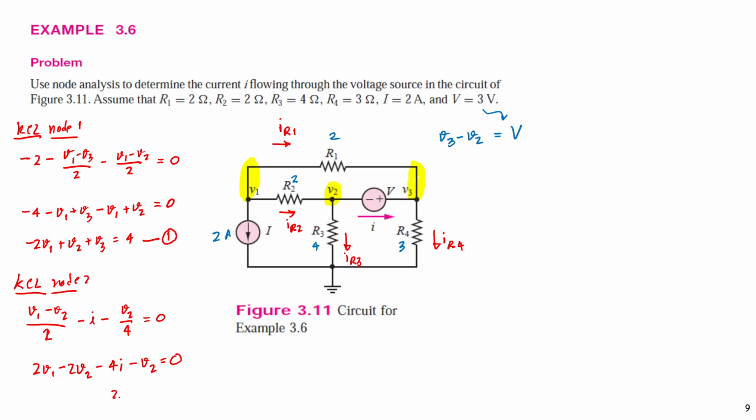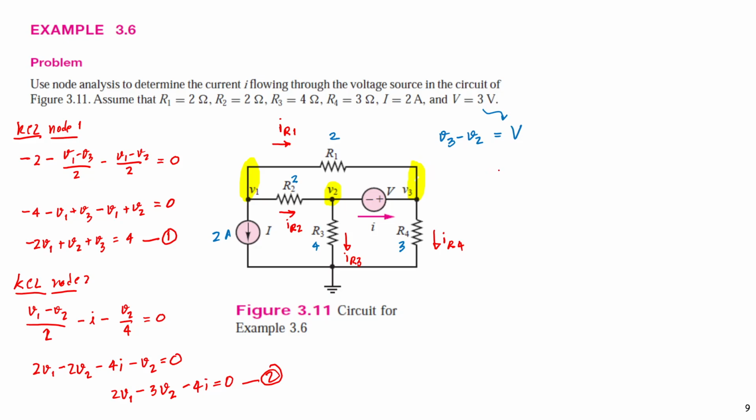Then we have 2V1 minus 3V2 minus 4I equal to 0. This is equation 2.